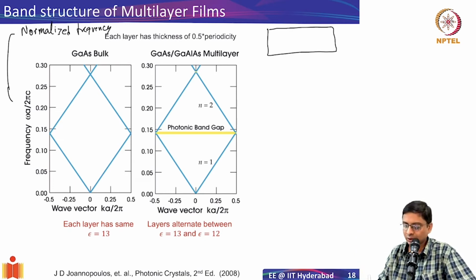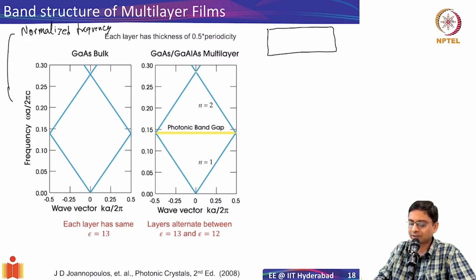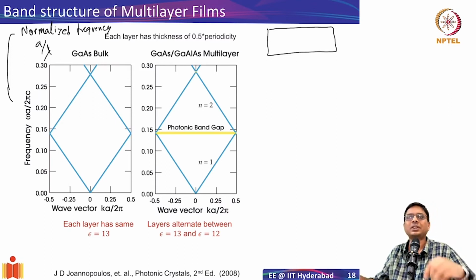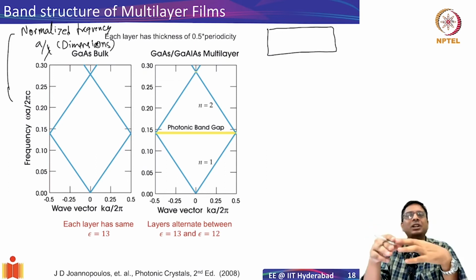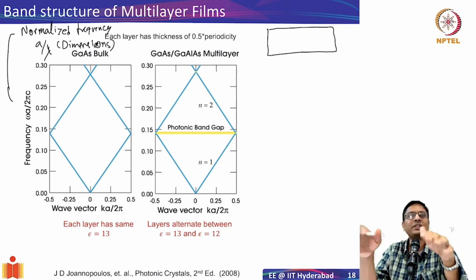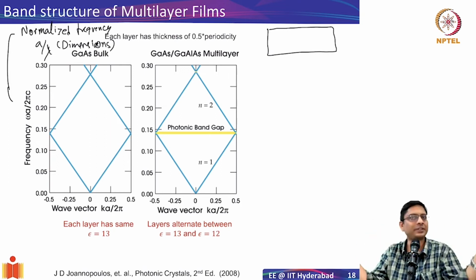In this case, omega is basically 2 pi nu, and 2 pi c will cancel out. So you will essentially get a by lambda. Normalized frequency means it's a dimensionless constant. So the moment you decide the dimension of a, that tells you what frequency we are talking about. So we can apply the same analysis at optical frequencies, at X-ray frequencies, or at RF frequencies.